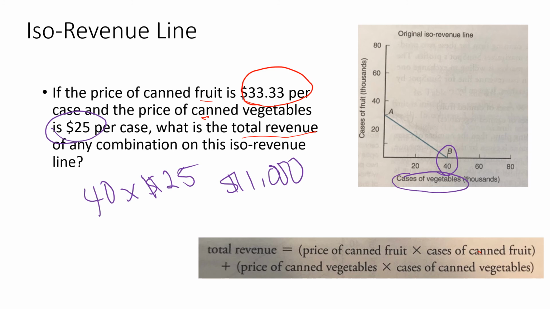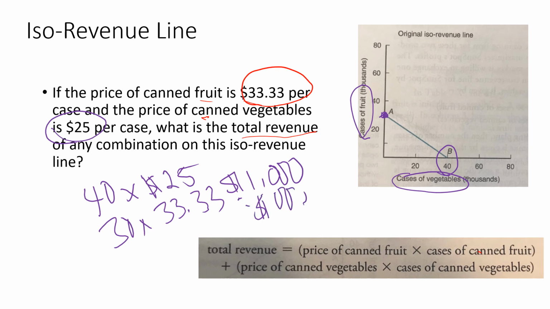We can check that too if we spent all of our inputs on producing cases of fruit. It looks like we could produce 30 cases of fruit at $33.33. 30 times 33, yeah, that's going to give us $1,000 as well. And then you could check any of the combinations in there as well. So the value of this ISO revenue line is $1,000.